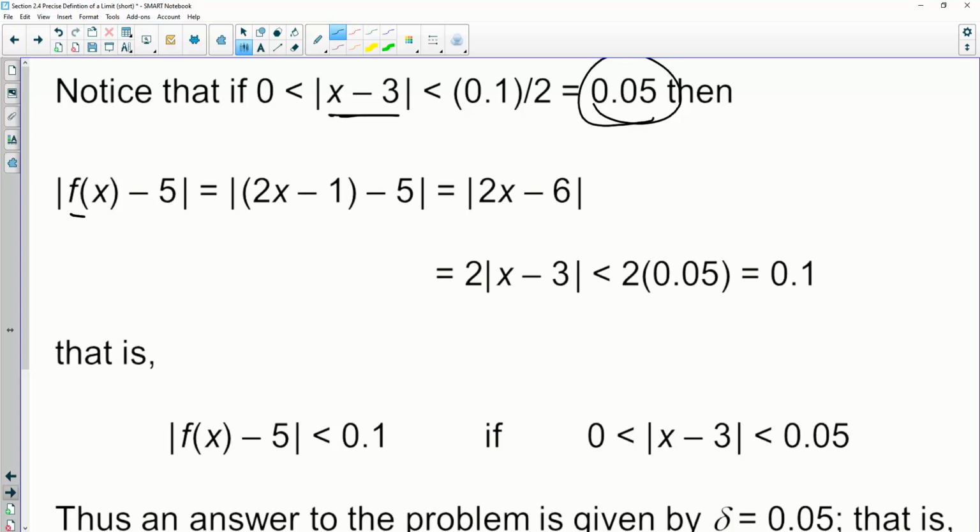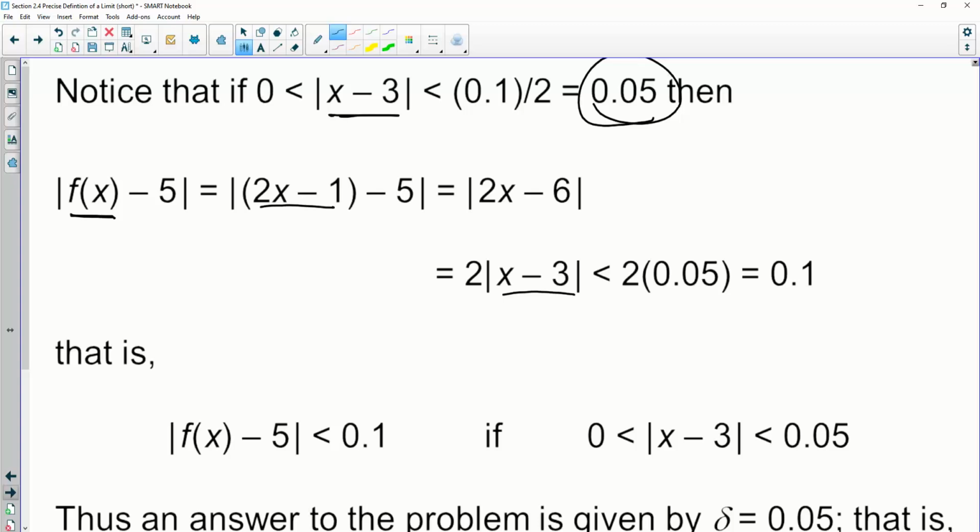Then the distance between f of x, that was my y, we were on that line, 2x minus 1. So I could change that to 2x minus 1 minus 5, which gives me 2x minus 6. Do you agree with that? Yeah. Since 2 is positive, can I factor a 2 out of the absolute value? Yeah. So that's 2 times the absolute value of x minus 3.